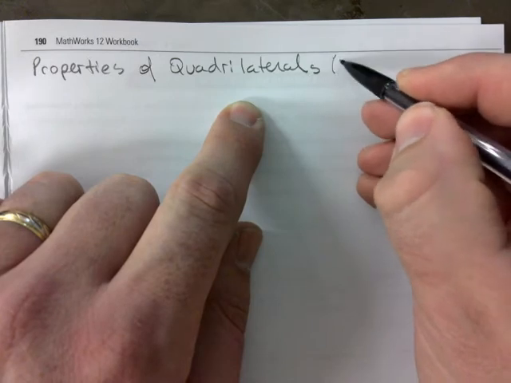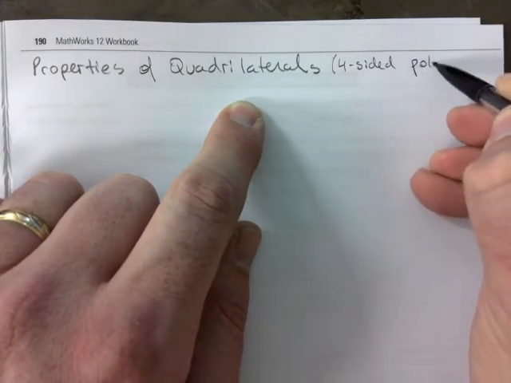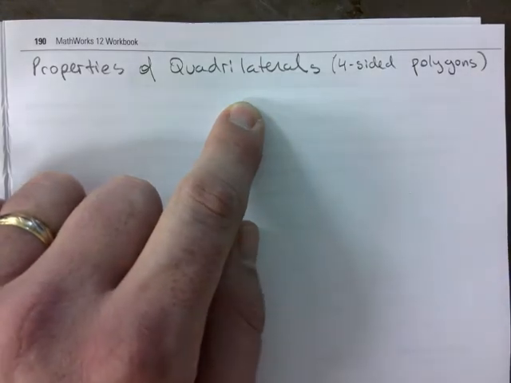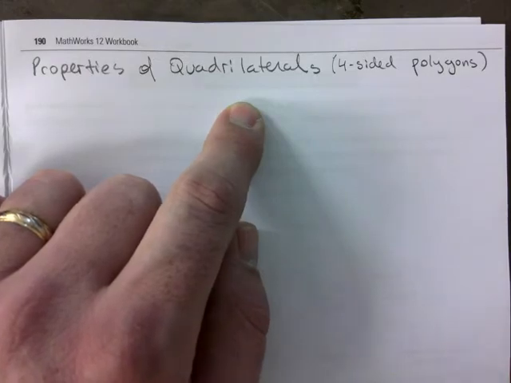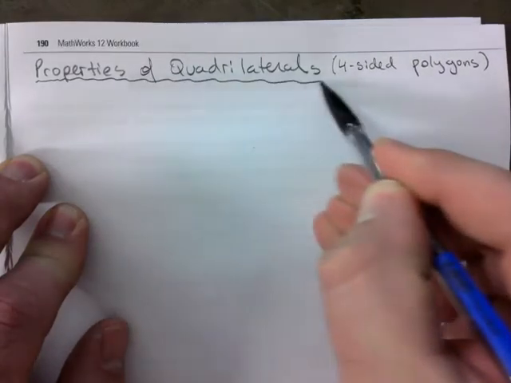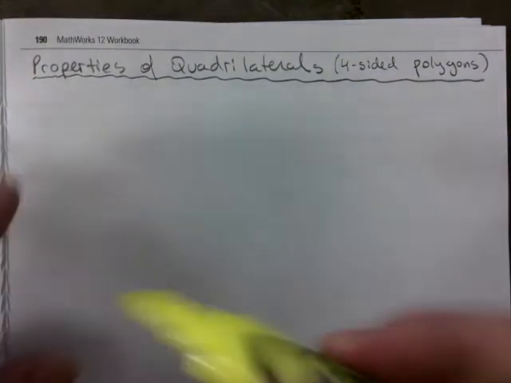And I will say this, it's basically four-sided polygons. Remember, we did triangles, then we did quadrilaterals, and then we're going to do pentagons at more than four sides. So this is the title of this page, and I would strongly recommend you have that very visible.